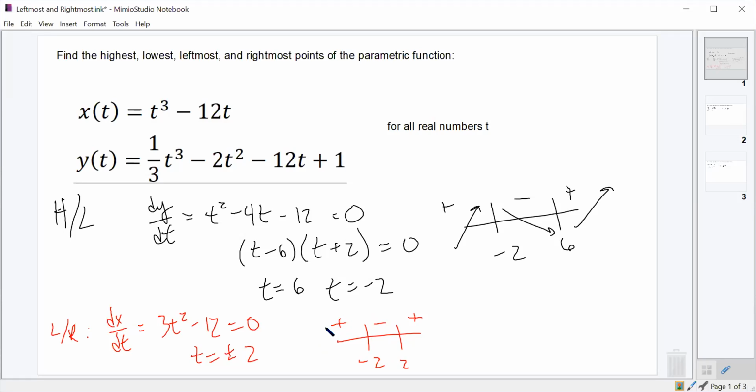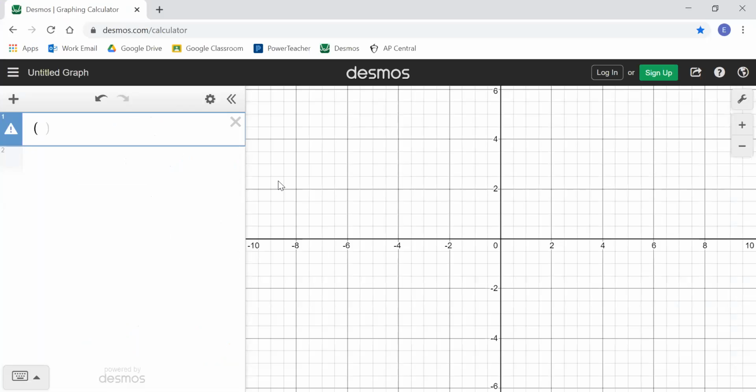So real quickly, I want to pull this up in Desmos just so we can take a quick look at it. All right, we had t cubed minus 12t, right? And what was the second one?